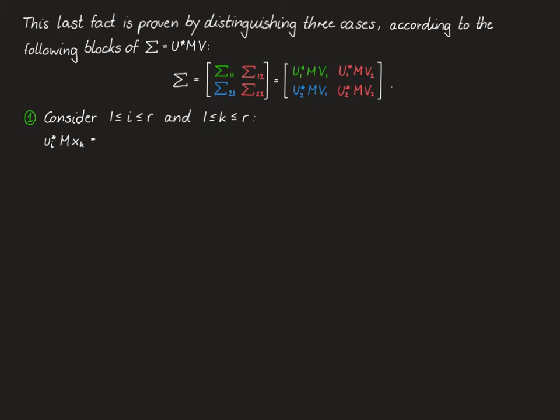Now we calculate the expression ui star M xk, where we first substitute for ui star 1 over sigma i xi star M star, where M star M xk is given by lambda k xk, which leads to this expression, and by the definition of lambda k as sigma k squared, we can pull out the sigma k squared in the front, and we obtain that this is equal to sigma k squared divided by sigma i times xi star xk.